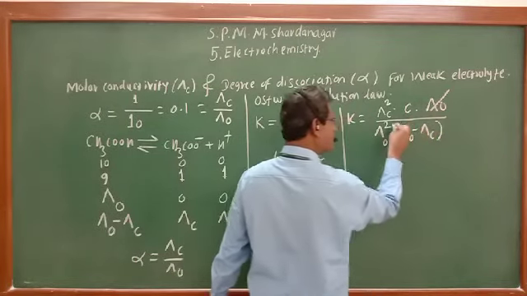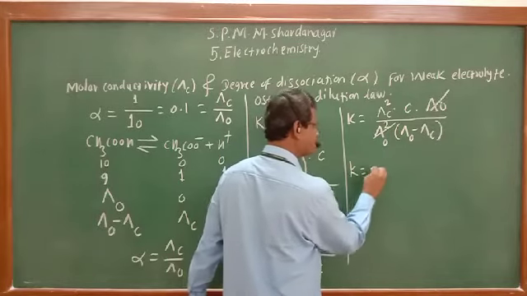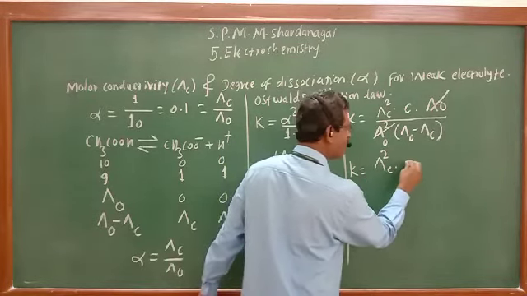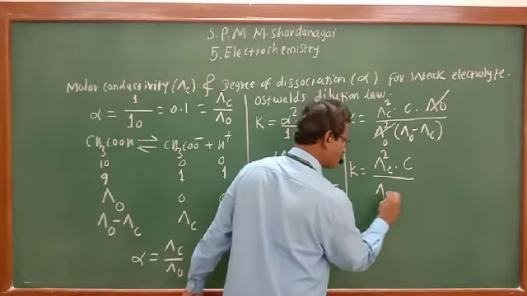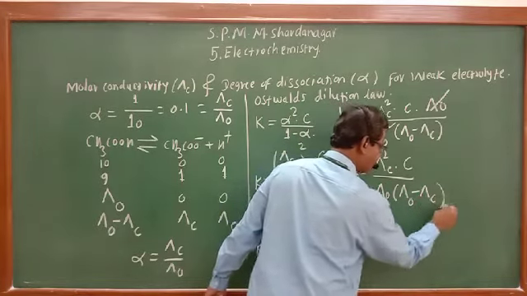So lambda 0, one of them cancelled. So the final equation is K will be equal to lambda c square into concentration divided by lambda 0 in bracket lambda 0 minus lambda c.